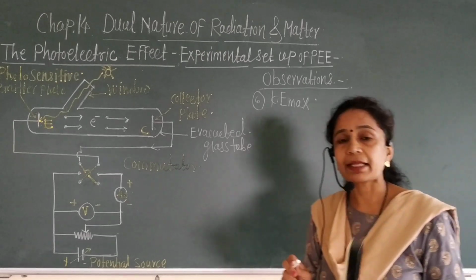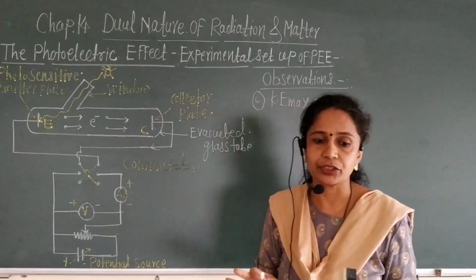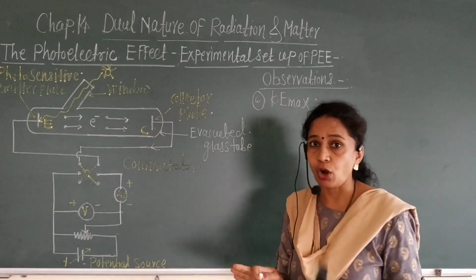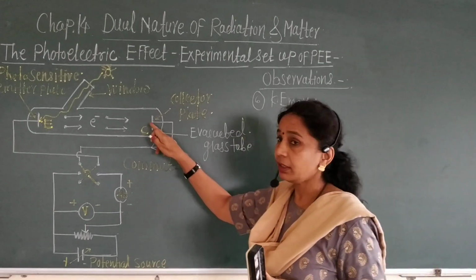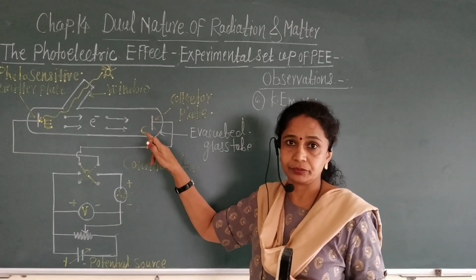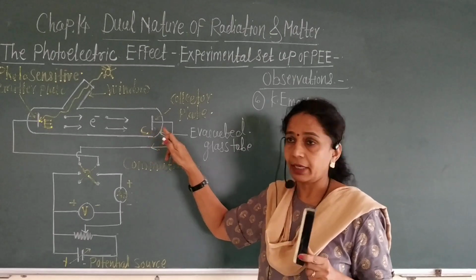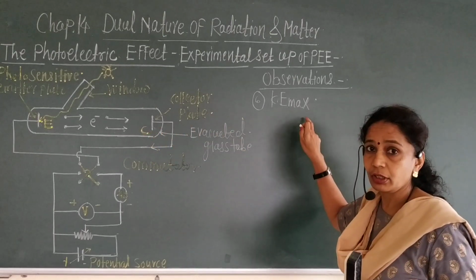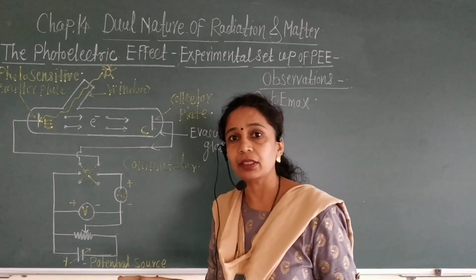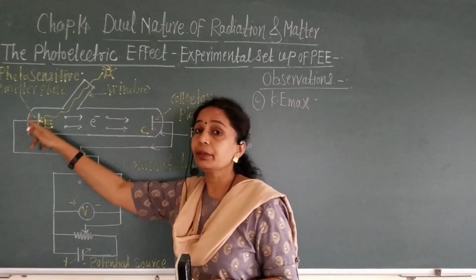Of course, the maximum kinetic energy of the photoelectrons depends on the potential V for a given metal. Kinetic energy depends on the potential for a given metal used for the emitter plate.